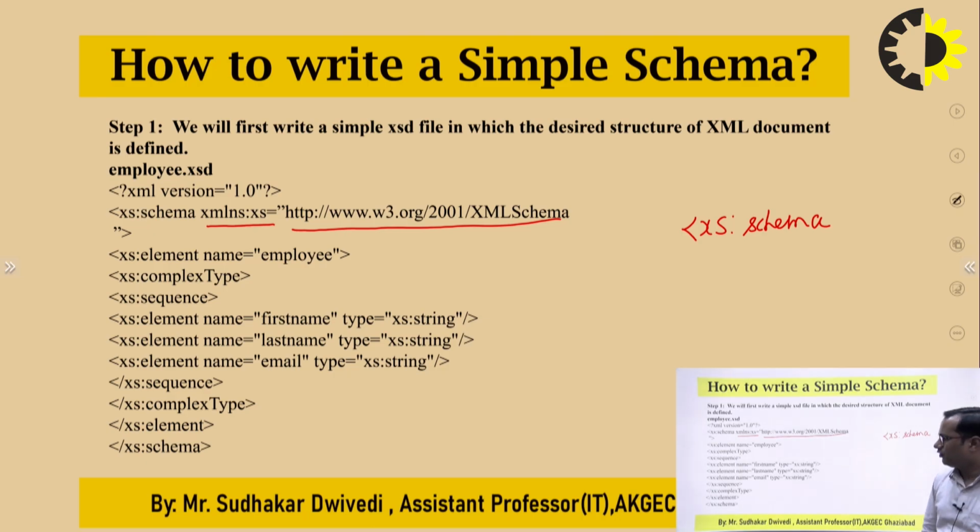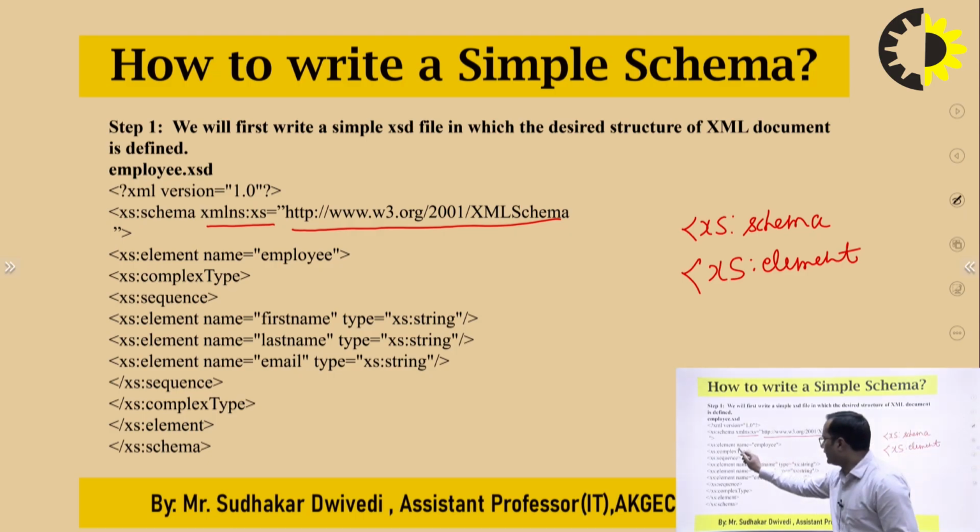Then we need to explain the elements. To represent an XML element, we use the xs:element tag, and we provide a name attribute here.